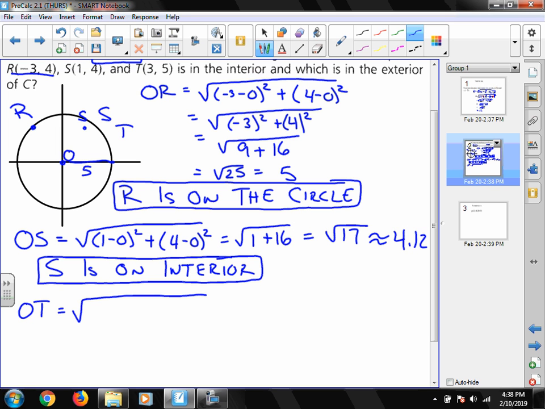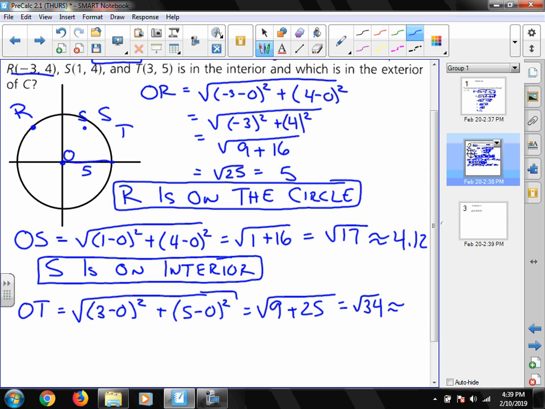Make sure, you will have to do this on your homework. T is at 3, 5. So I'm going to go 3 minus 0 squared plus 5 minus 0 squared, which is going to give me the square root of 9 plus 25, square root of 34. Again, if I wouldn't have my notes in front of me, I wouldn't know what the square root of 34 is. Go to your calculator, type it in.